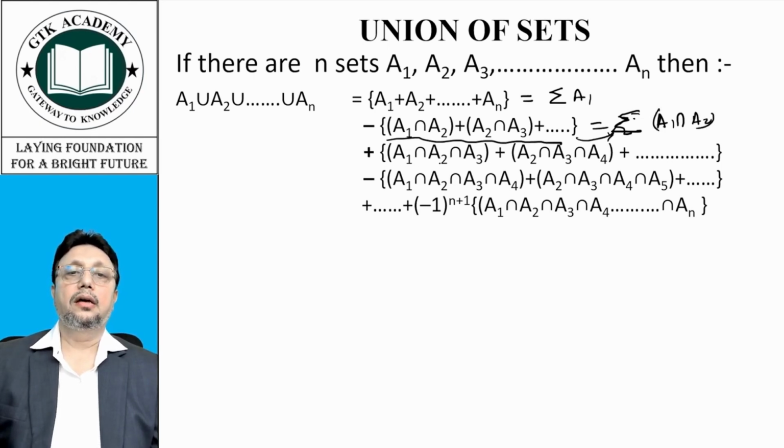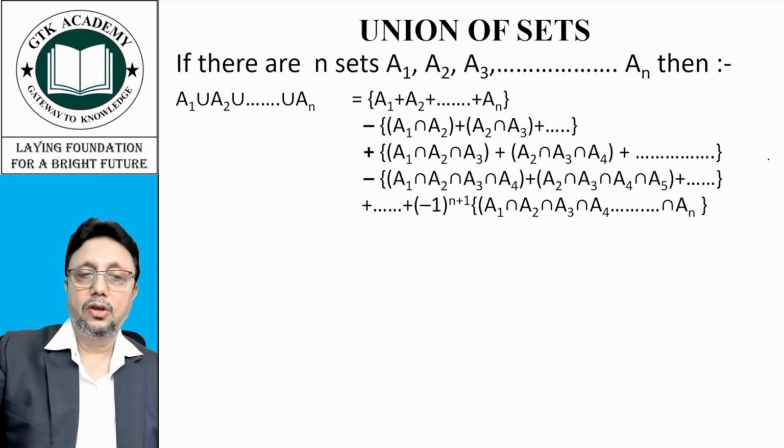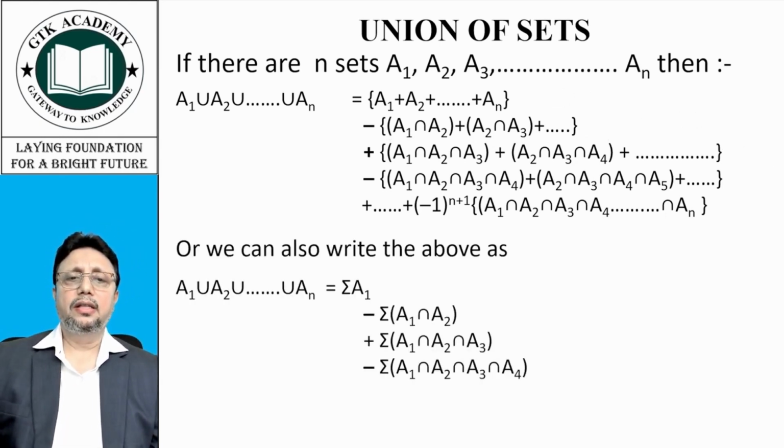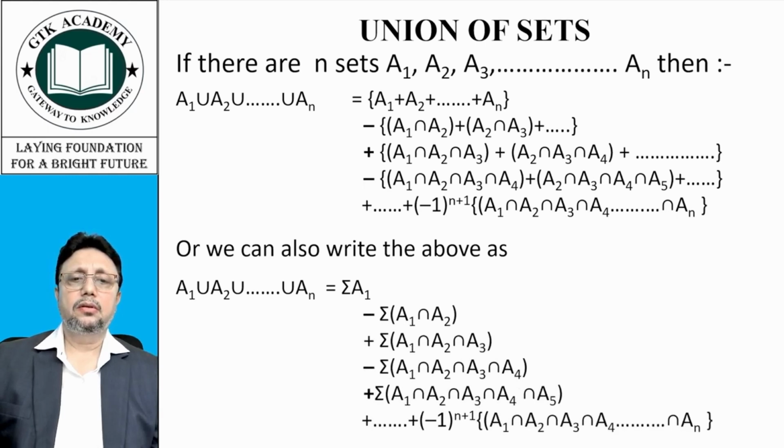And this set can be written as sigma A1 intersection A2 intersection A3, right? We can write it like this. So we can also write this formula in this manner. Same, but a bit easier way. You don't have to write so many terms. So I hope this is clear.